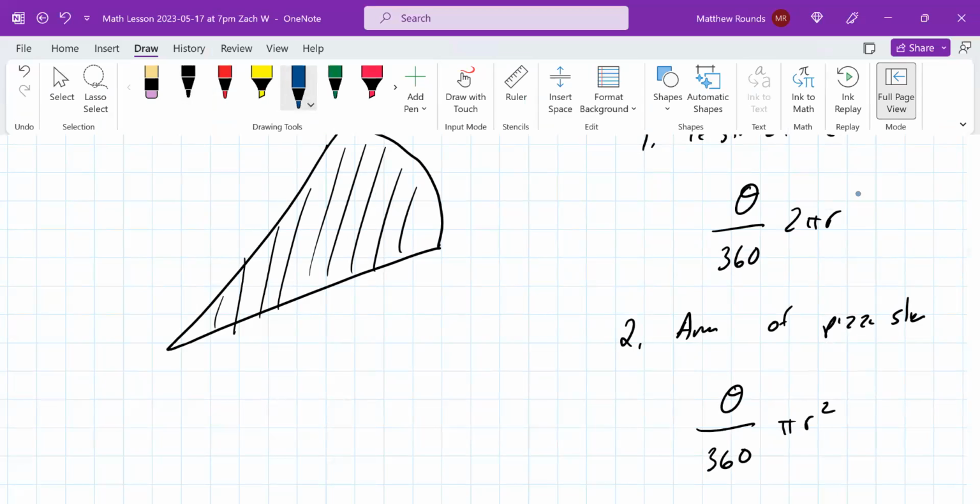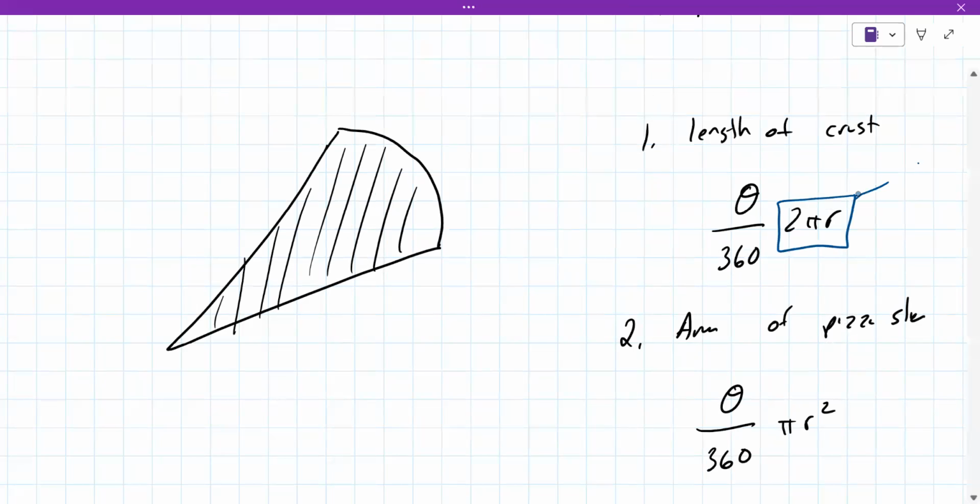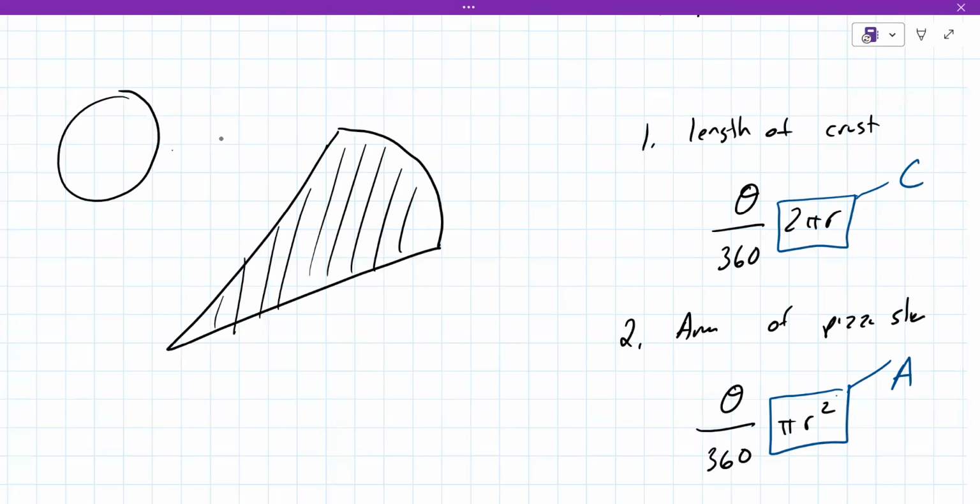Notice that this 2 pi r is really the circumference, and the pi r squared is really the area. And the circumference is going all the way around the circle. Right. Okay.